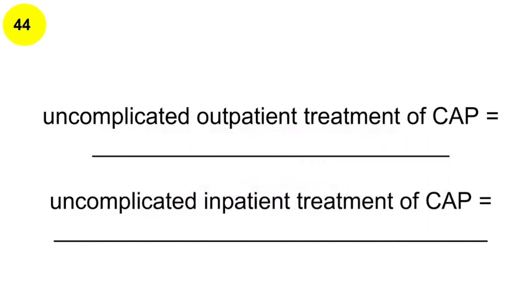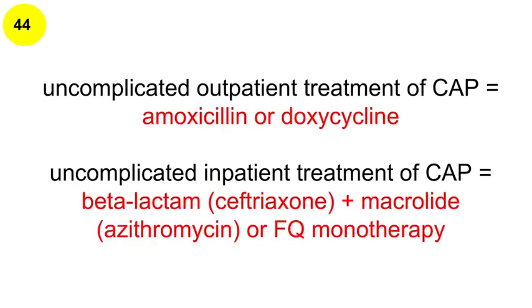Well, for uncomplicated outpatient treatment of community-acquired pneumonia, you give amoxicillin or doxycycline. For uncomplicated inpatient treatment of CAP, you can give ceftriaxone and a macrolide such as azithromycin, or fluoroquinolone monotherapy.